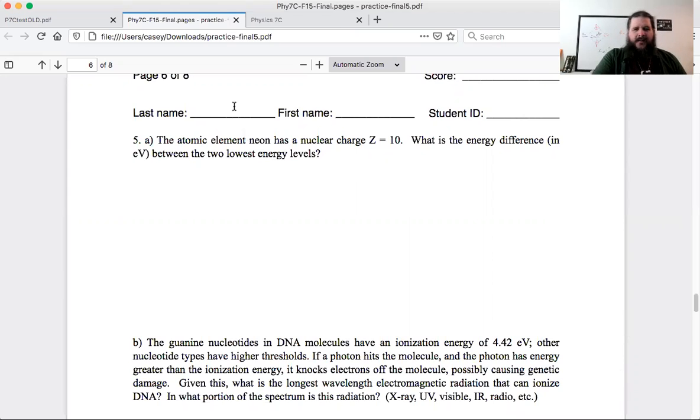If we're talking about an atom, what formula could we use for the energy levels? Anyone happen to have a formula for that?